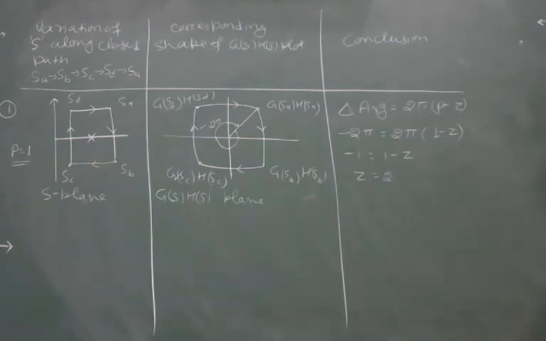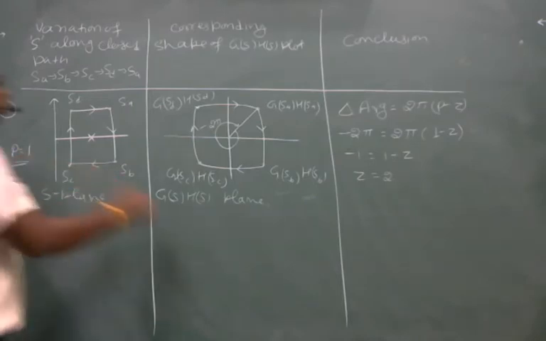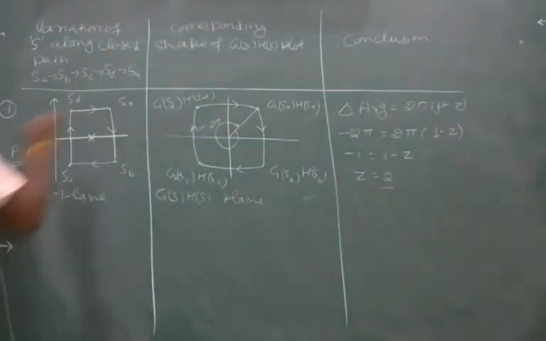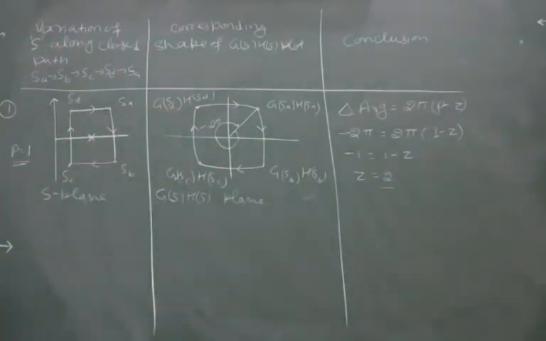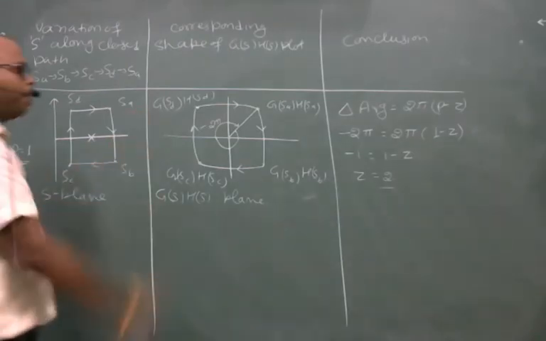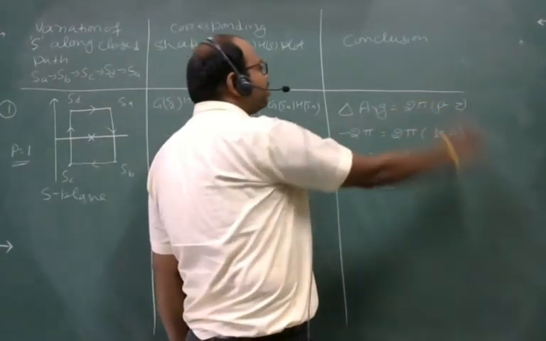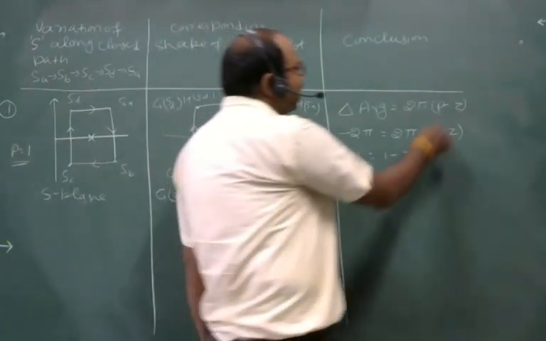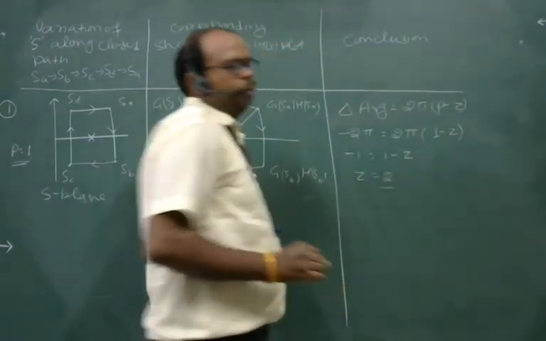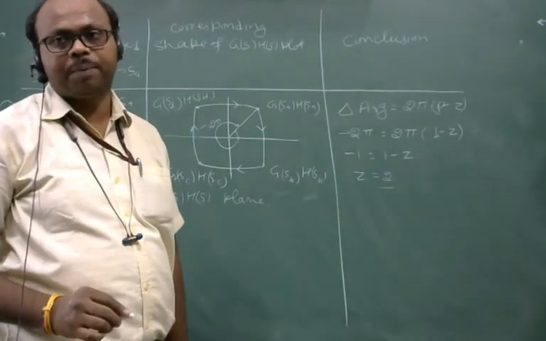Now, let us consider if I have this diagram, and let me have the number of poles and the number of zeros enclosed by this path. Then how can I draw the GsHs diagram? From change in argument equal to 2 pi (P minus Z), we have 2 pi multiplied by (1 minus 2), so it is equal to minus 2 pi.